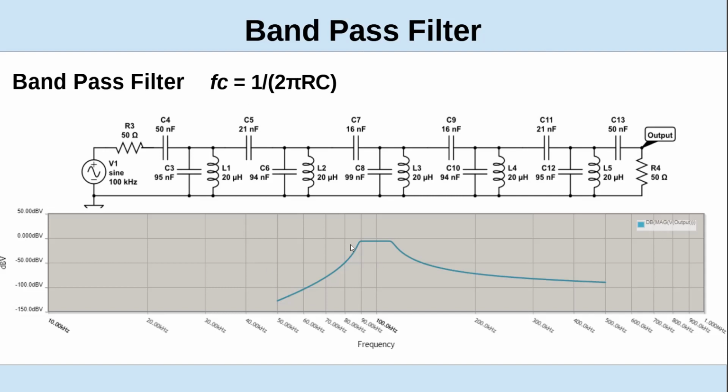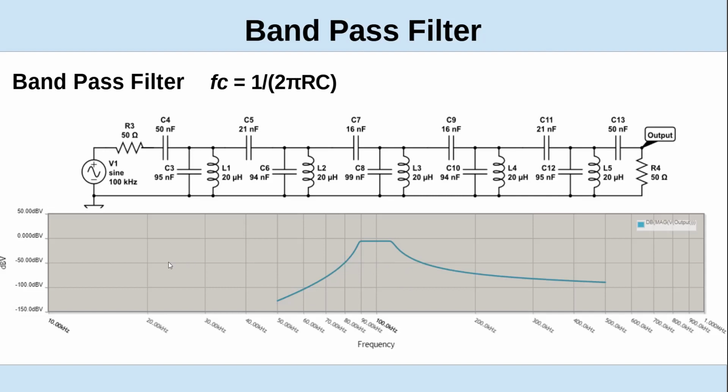And you can see that we have a very flat pass band. And even though these are not to the same scale, the slopes, the skirts, which is what they call these, are much steeper, I should say. You see, we're 50 dB down at these two points.